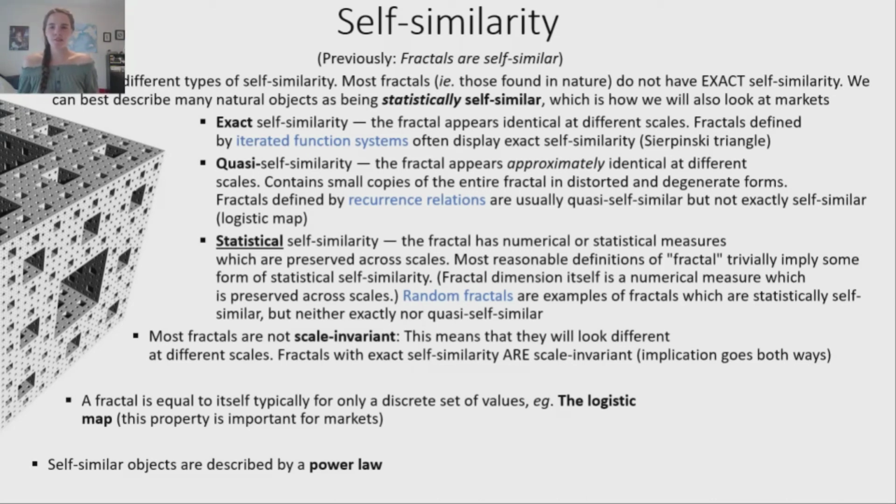So I think I'll end the video here. We're at about 22 minutes now, and I'll start off with power laws in the next video. I'll talk about why self-similar objects are described by power laws, and thus why fractals are described by power laws.